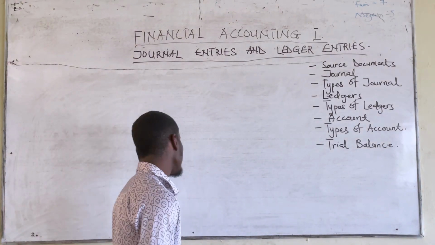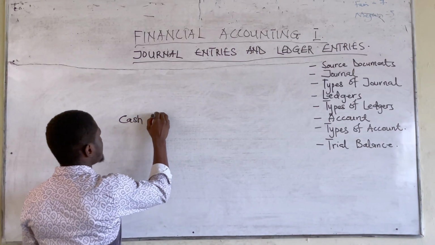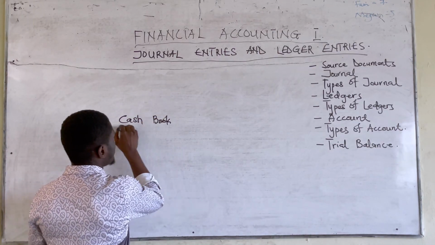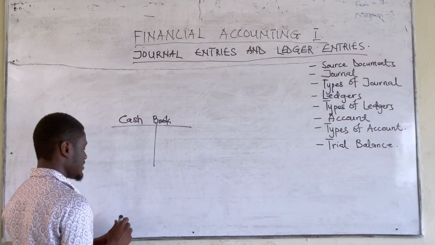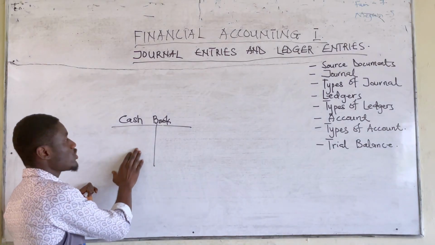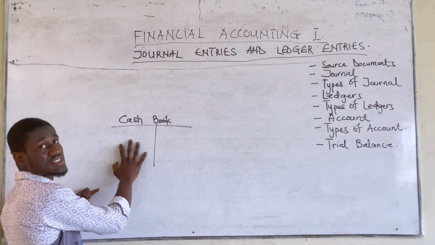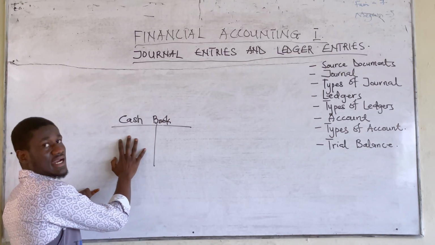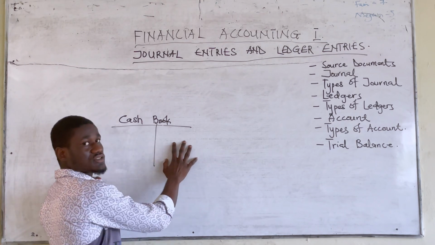So with the cash book, the single column cash book is like this. So this is the payment side and this is the receipt side. So when we receive cash, we are going to what? Record here. And I said in the introduction to accounting that this side is our debit side, showing an increase in our cash. Okay. So if we make payments, we are going to record that transaction there.